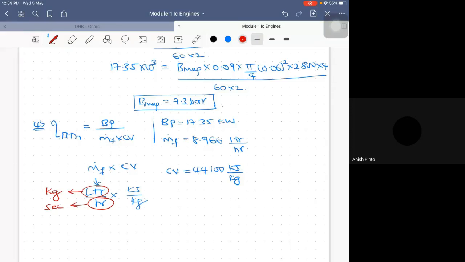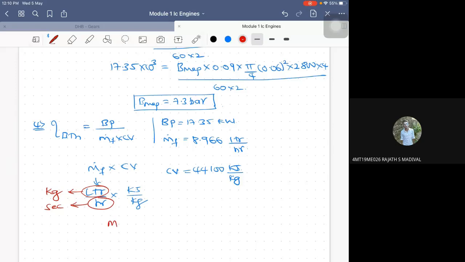I would help you to convert liters to kgs. Now, you know how to convert hours to seconds, isn't it? 3600. Exactly.